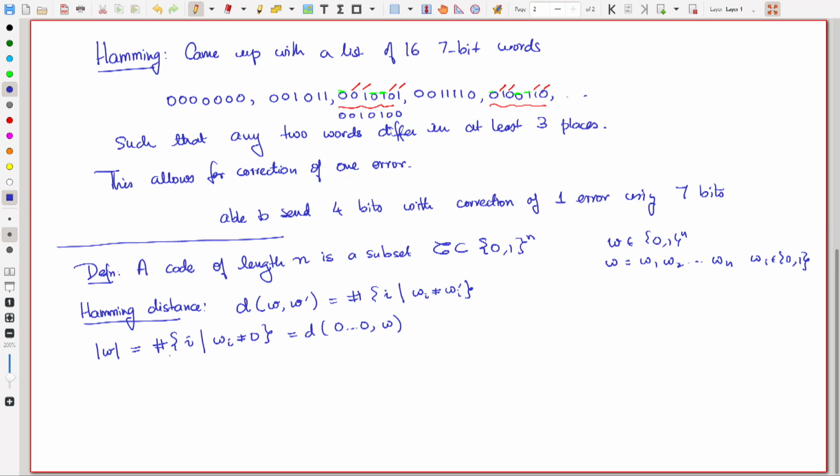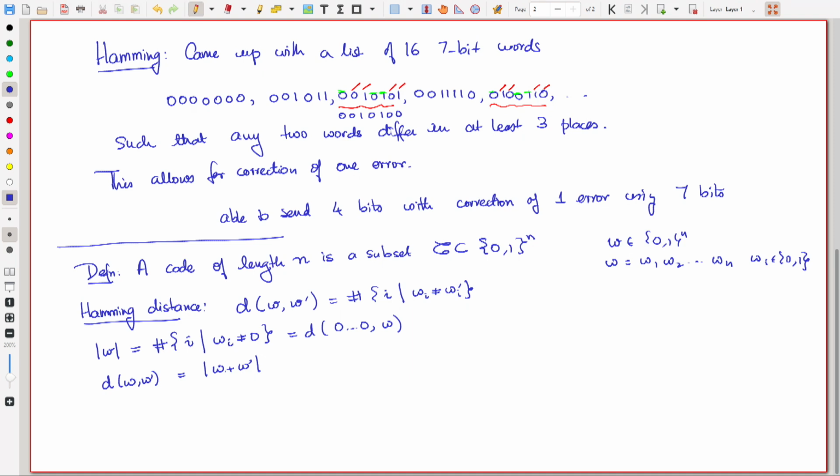So the Hamming norm is just this, and you can think of the Hamming distance between two words as the Hamming norm of w plus w prime, where this sum is component-wise 0 1 addition, bitwise addition. So 0 plus 0 is 0, 0 plus 1 is 1, 1 plus 1 is 0.